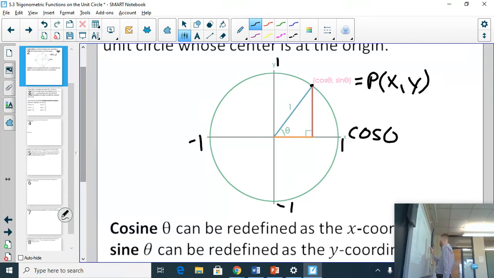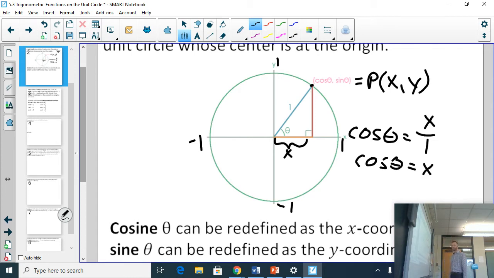SOHCAHTOA, adjacent over hypotenuse. Well, adjacent is this x length, and the hypotenuse is just 1. So that would be x over 1 or just x.